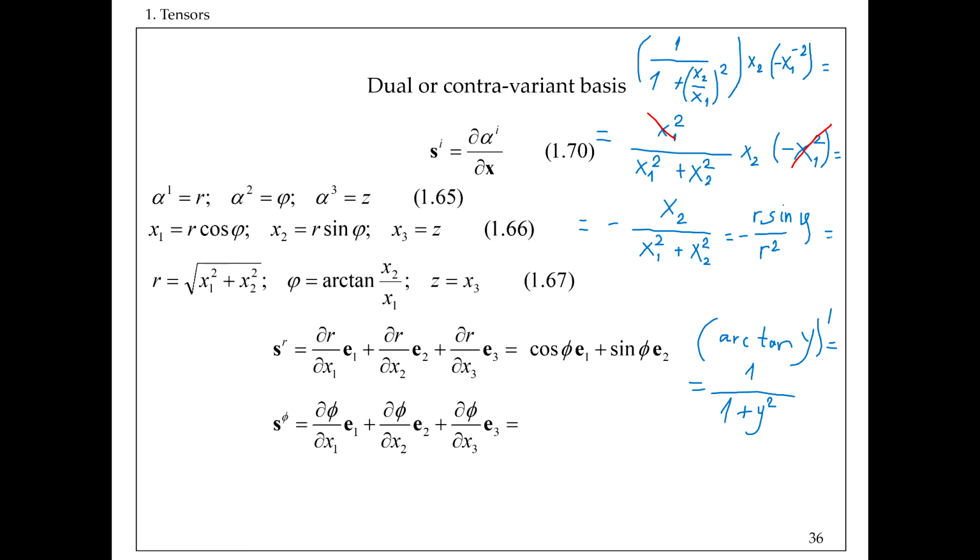At the end of this short exercise, we can get rid of r and r squared here, and the result will be minus sine phi divided by r, which was equal to the derivative of phi with respect to x1.